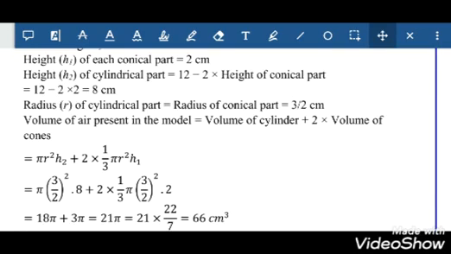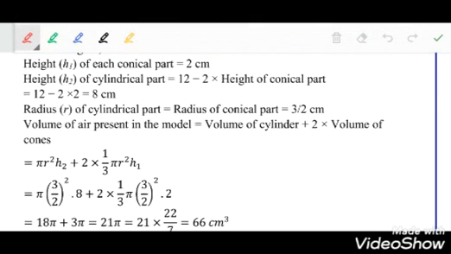18 pi plus 3 pi. How did it happen? 18 pi plus 3 pi, which is equal to 21 pi. So by the calculation we need to find out. First, here pi 3/2 the whole square.